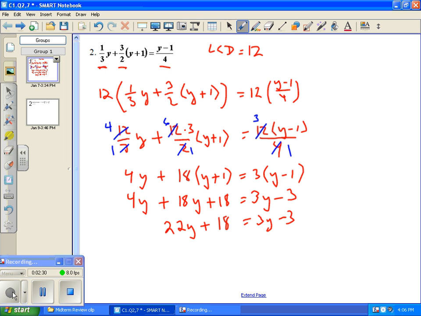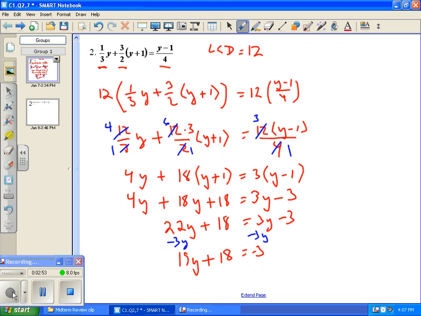Let's subtract 3y from both sides first. So here we get 19y plus 18 equals negative 3.